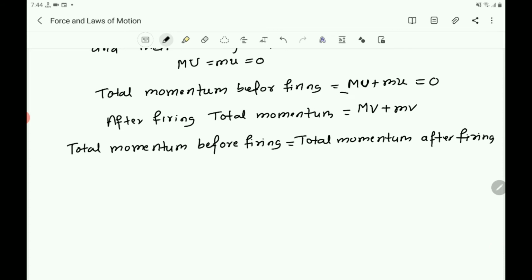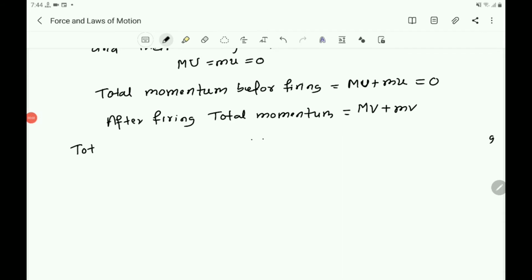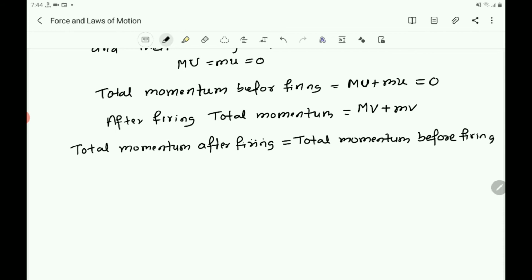The total momentum after firing is MV plus mv, and that equals MU plus mu.